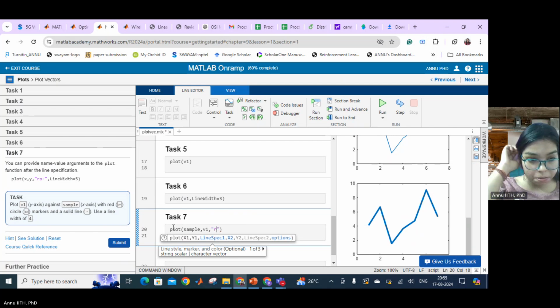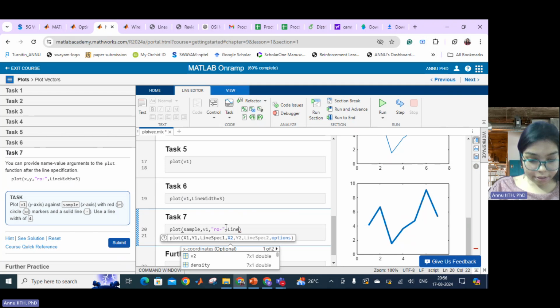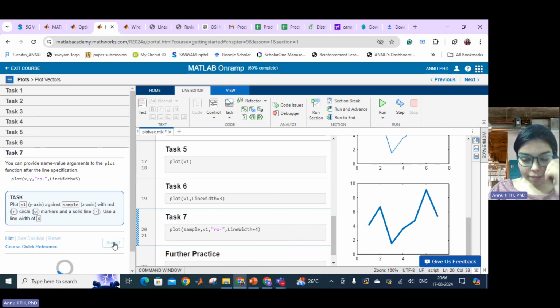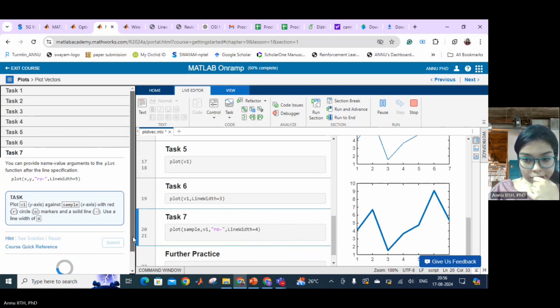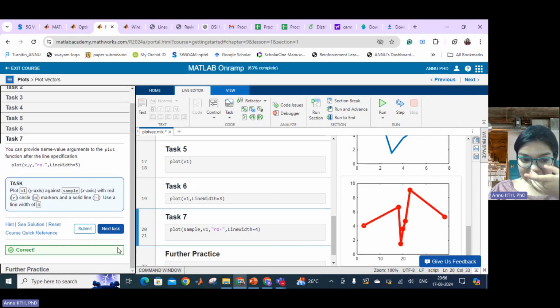Red markers, solid line. Now line that is equals to, let's directly submit it. I think that's what they are asking.